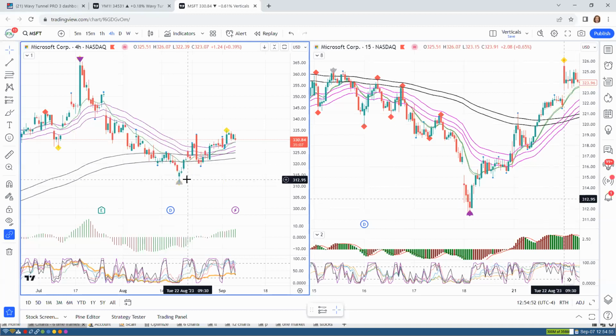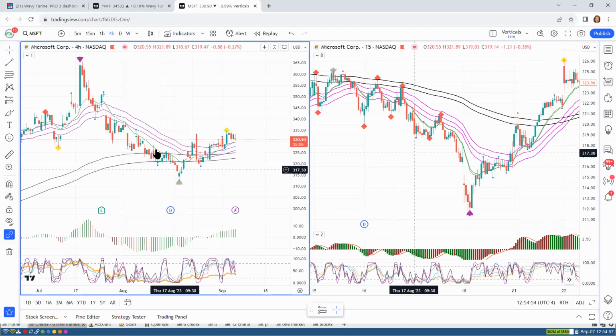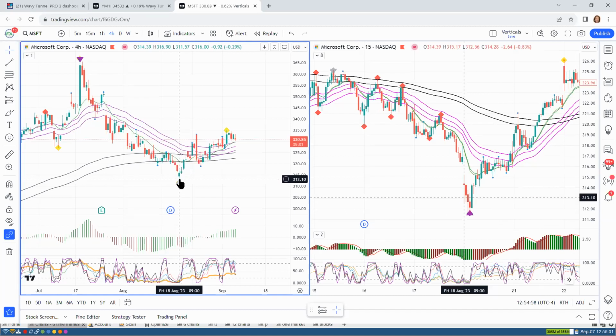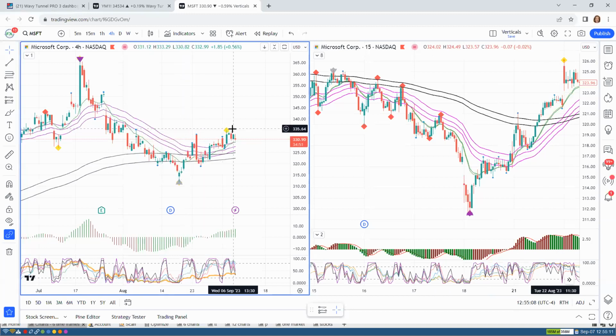Look at this, beautiful on the 4-hour. We had the purple and we had the gray. This would have shown up on the 4-hour scanner for a buy right over here. Beautiful. Just beautiful. Now that's on the 4-hour.